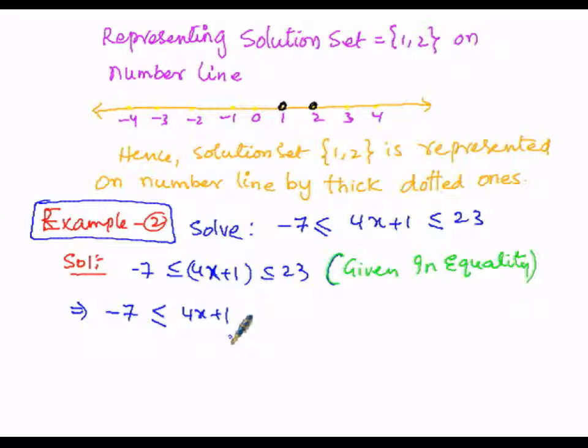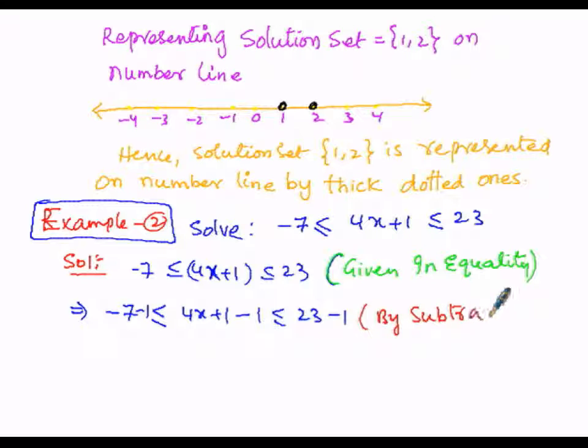Here I am going to subtract 1 throughout the inequation, so less than or equal to 23 minus 1. In this manner, I have subtracted 1 from each and every term, and I got this logical step.